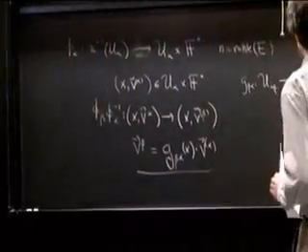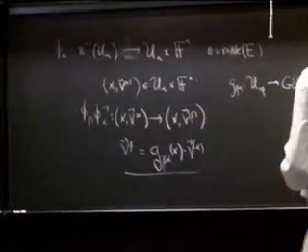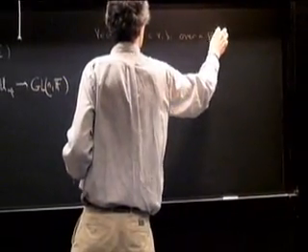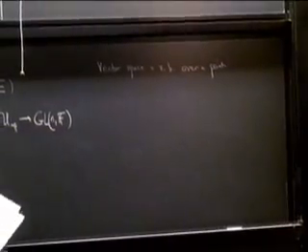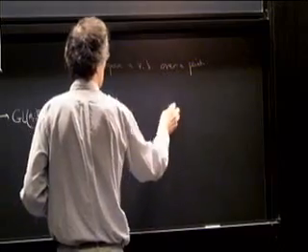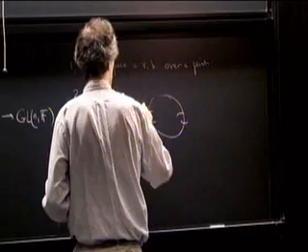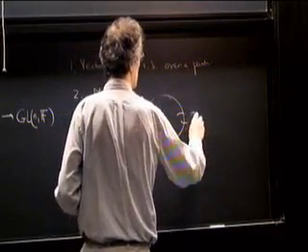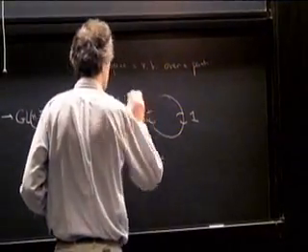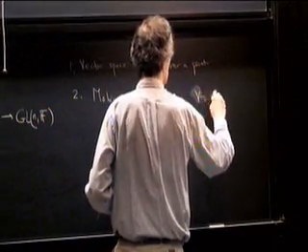Okay, so examples. A vector space is a vector bundle over a point. A second example is the Mobius bundle, where we take the circle and we take our usual coordinate patches, U plus and U minus, and we take the element of the general linear group, which is 1 here and minus 1 here, and the vector space is just a real line.